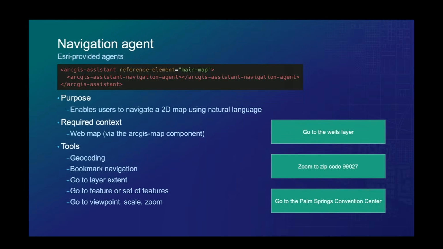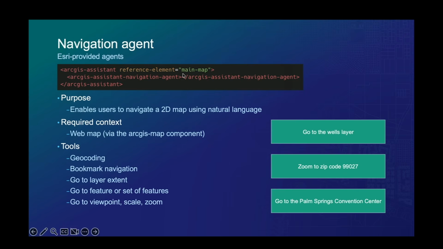I'll kind of breeze through these slides since Dhrumil showed good examples of them. Like I said, the map is the main source of context for agents. So you can set that either on the agent itself or on the assistant level. So you just set reference element and you point to the ID of that web map. Not the item ID, but the ID of the ArcGIS map component that you have in your application.